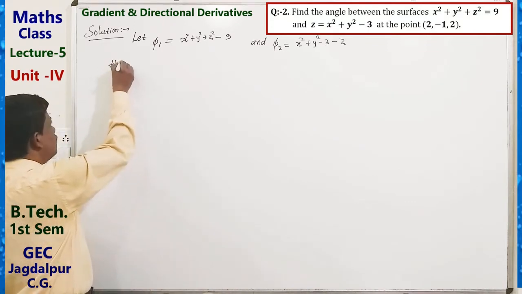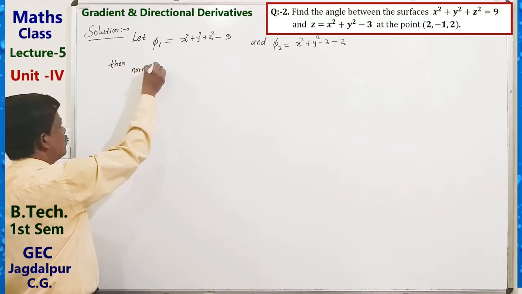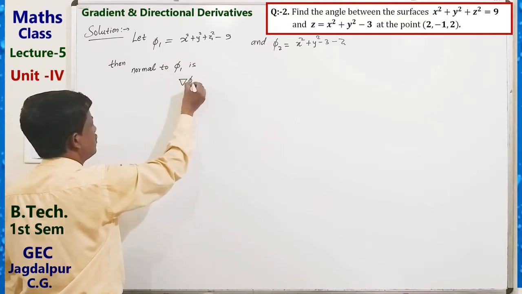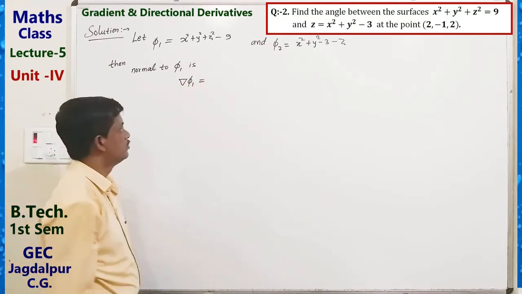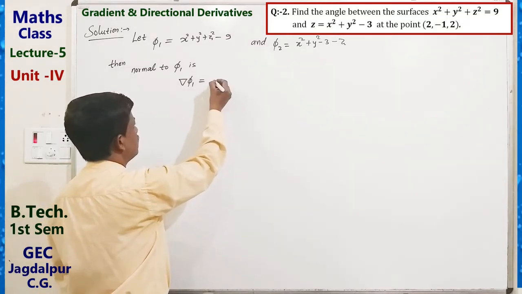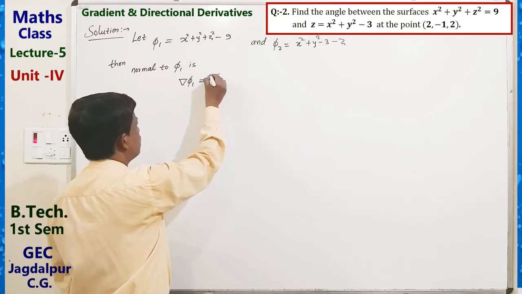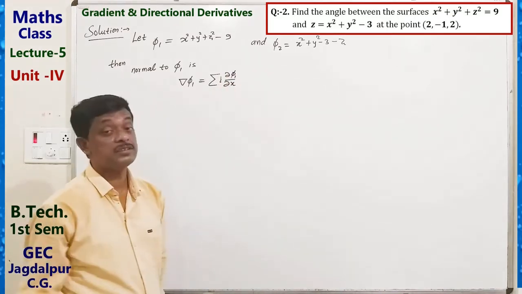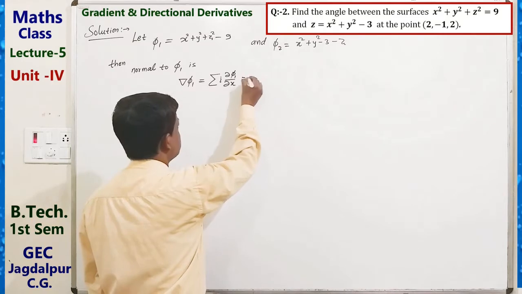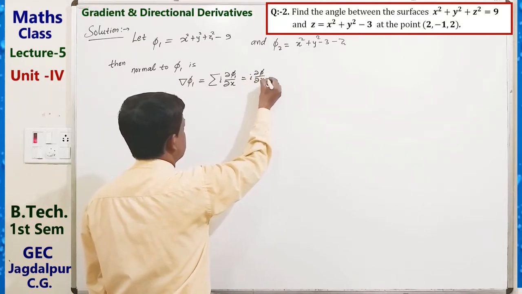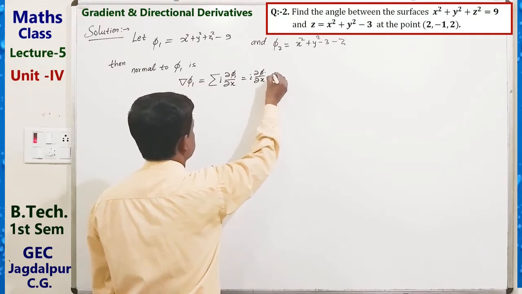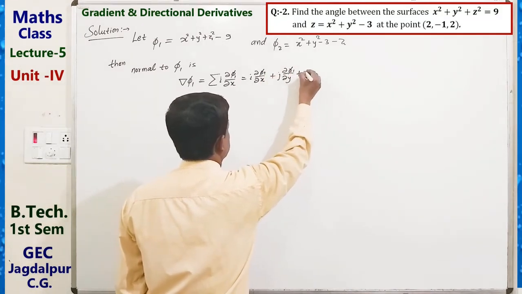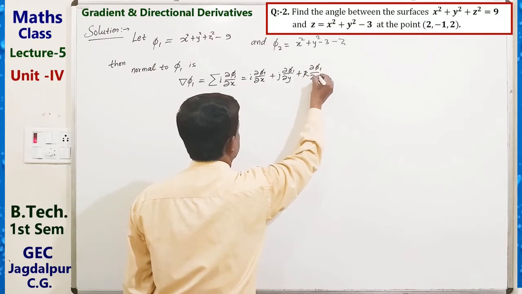Then the normal to φ1 is ∇φ1, that is, i ∂φ1/∂x plus j ∂φ1/∂y plus k ∂φ1/∂z.